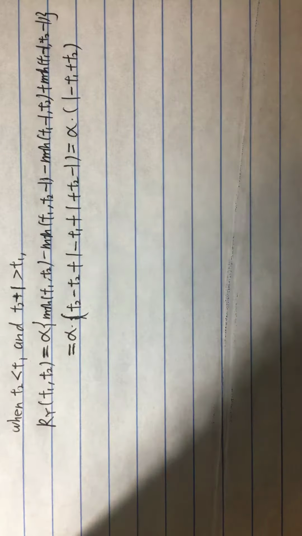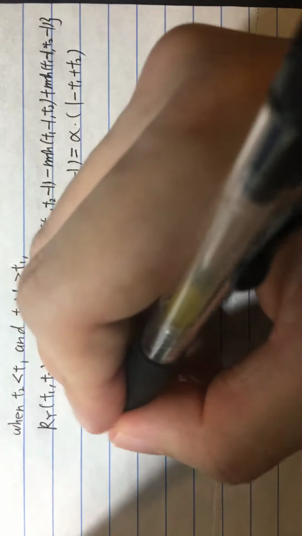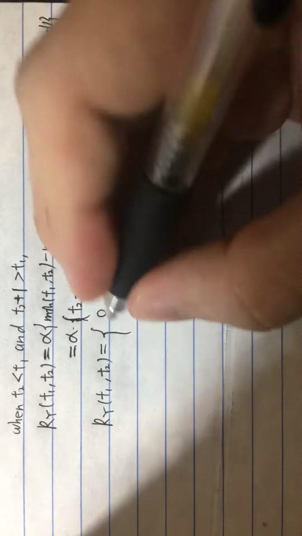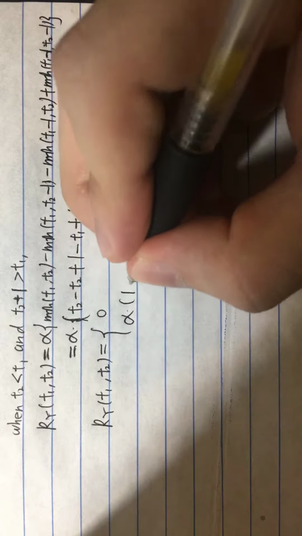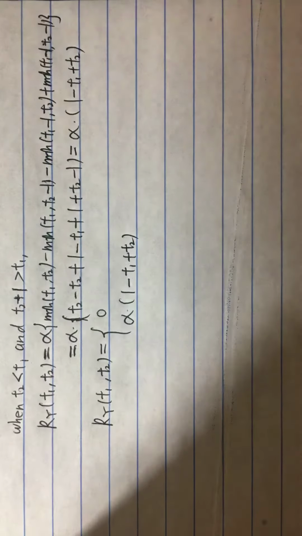So in conclusion, in all the cases we have R_Y(t1, t2) equals 0 or alpha times 1 minus t1 plus t2.